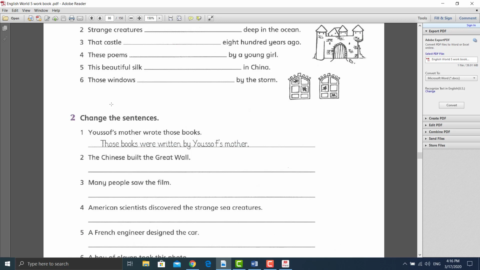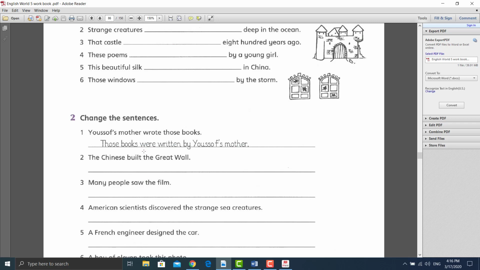How did you know this is past? Because the verb here, wrote, is in the past, the second form. In order to change this sentence from active into passive, we search for the object, which is those books. We put those books in the place of subject, and after that, get verb to be at the tense of the sentence.